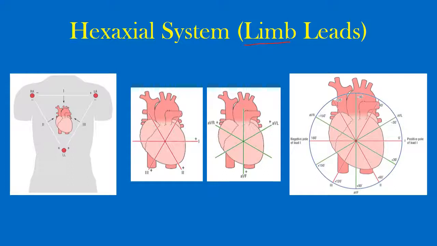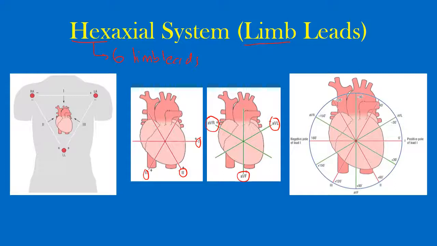The positive end of the lead gets the lead name. So we said hexaxial, meaning that there are 6 limb leads, right? And these 6 limb leads are 1, 2, lead 3, lead AVR, lead AVF, and lead AVL.